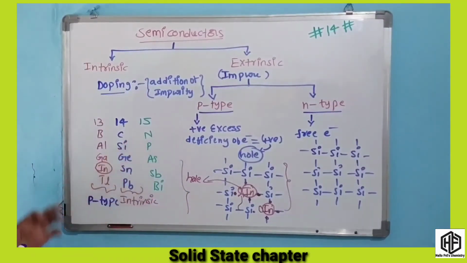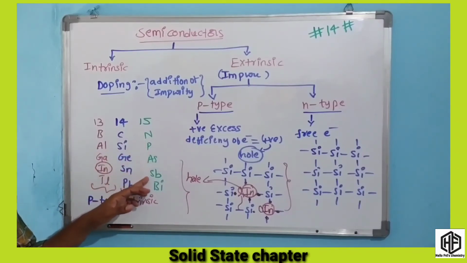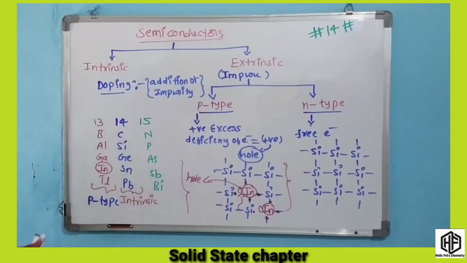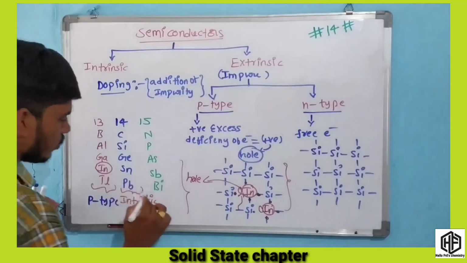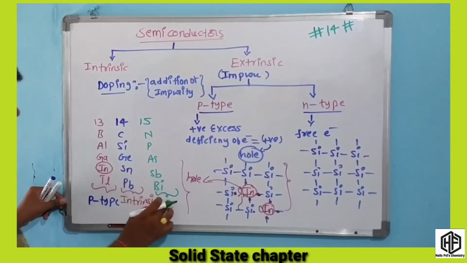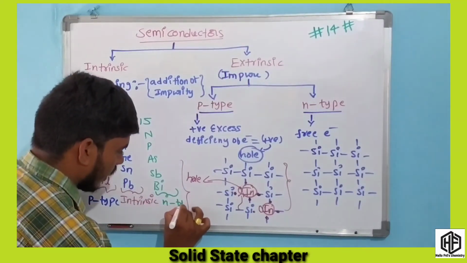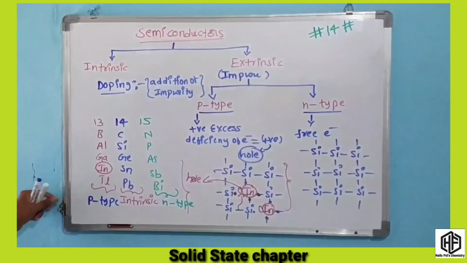These impurities are added to the 14th group element. This type of semiconductor is called an n-type semiconductor. Okay friends, this is very important.